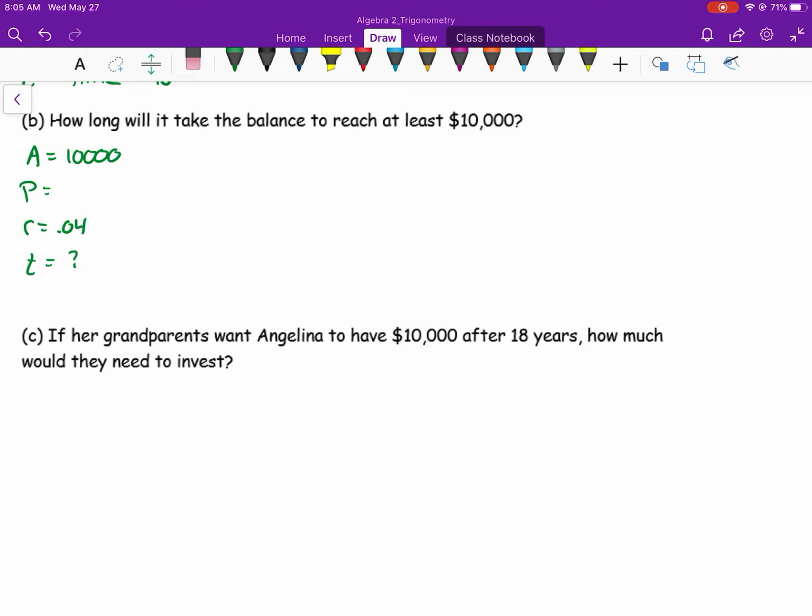We know the principal. We're still putting 3,000 in. We have to figure out how long it's going to take us to get $10,000. So we have 10,000 equals 3,000 e to our rate times time, and we solve.